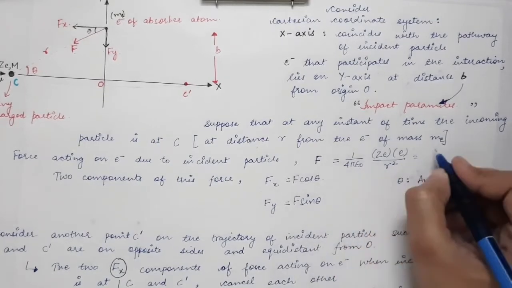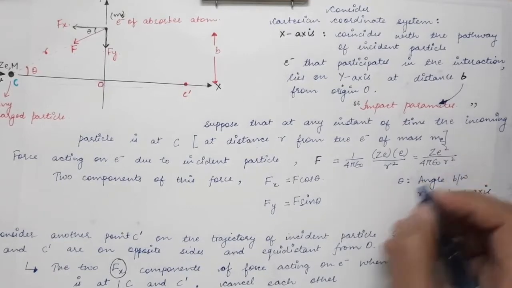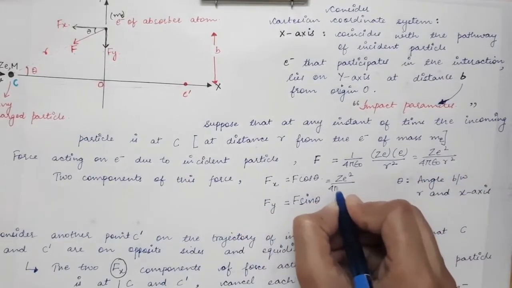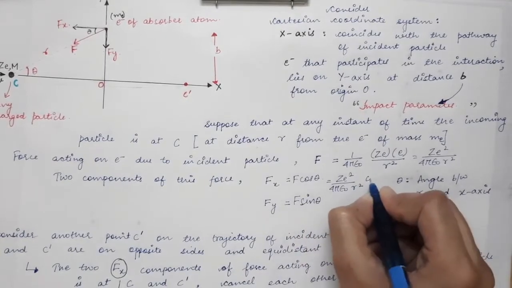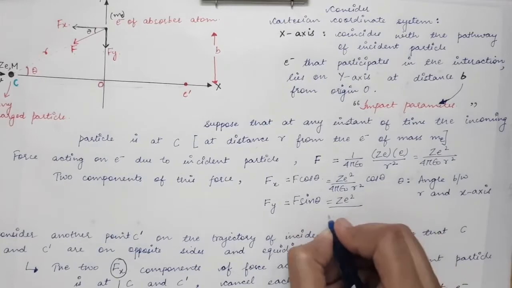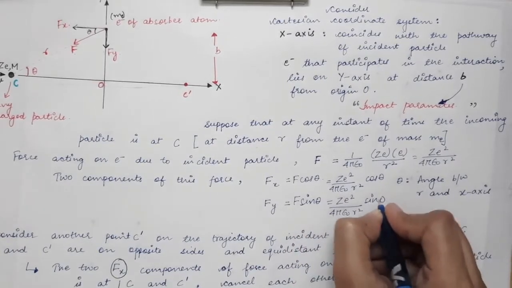Now this force is equal to Z square by 4 pi epsilon naught r square. So you can write Fx as Z square by 4 pi epsilon naught r square into cos theta, and the y component of force is Z square by 4 pi epsilon naught r square into sin theta.